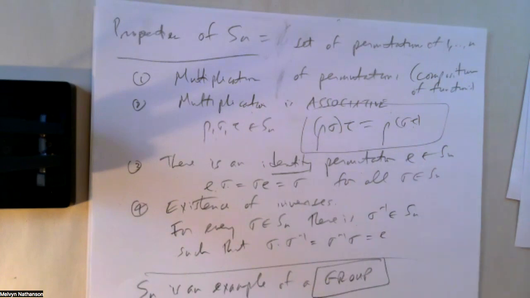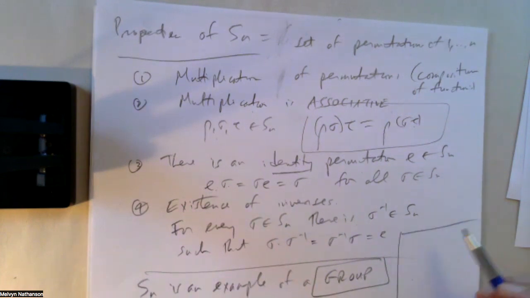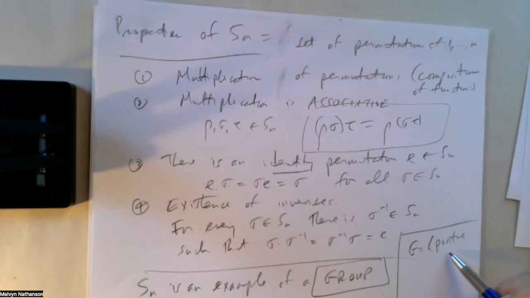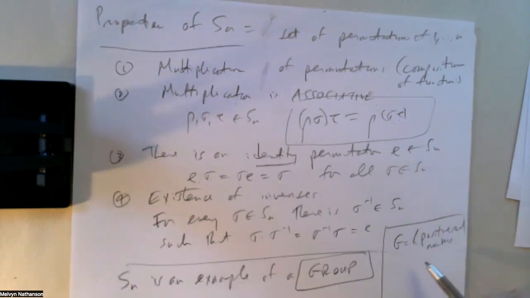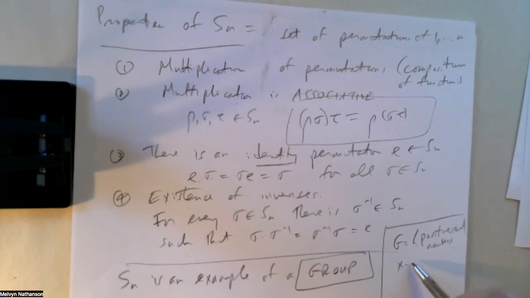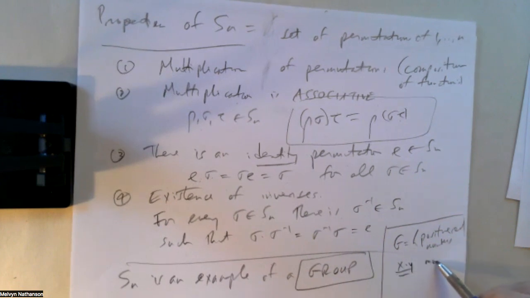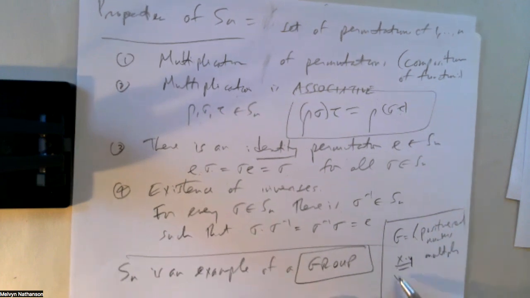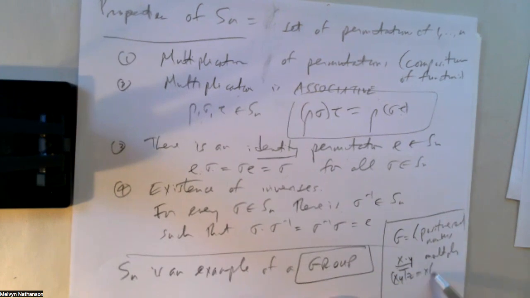Okay. And just so you know, this is not unusual. Suppose we take G to be the set of all positive real numbers. Positive means strictly greater than 0. So if you have two numbers, x and y, you can multiply them. They teach you in elementary school that xy times z is the same as x times yz.